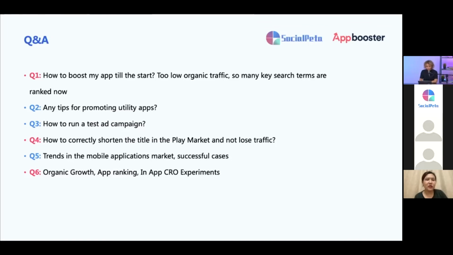For an A/B test, we suggest you keep one atom changing and the other factors the same, and you can find the best combination. And once you find the best combination with all the factors, you can use it to scale up your campaign and to get more installations. So that's our suggestion.